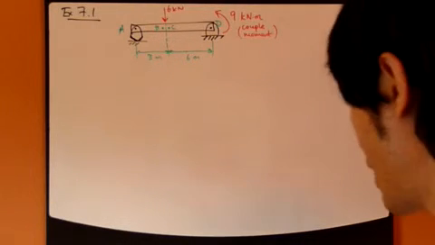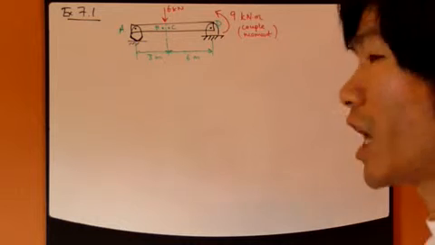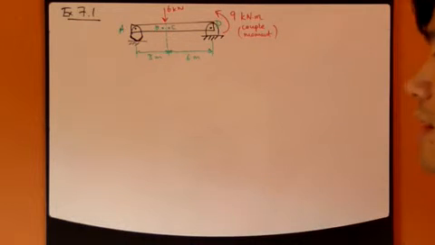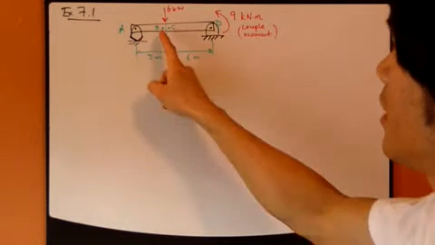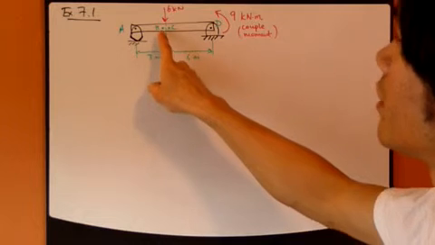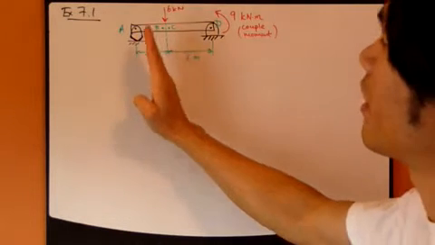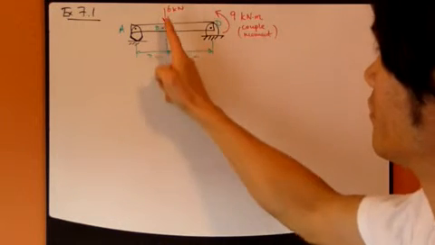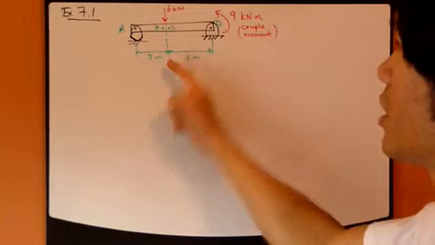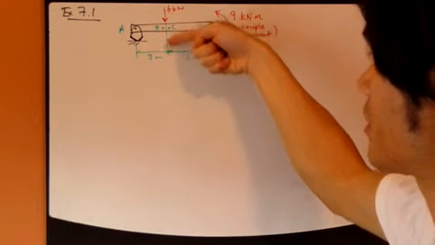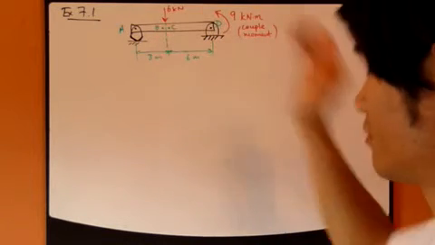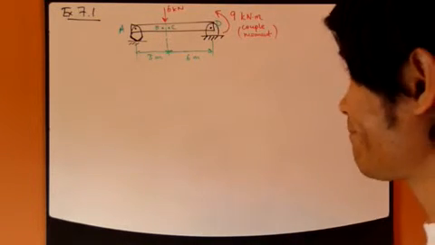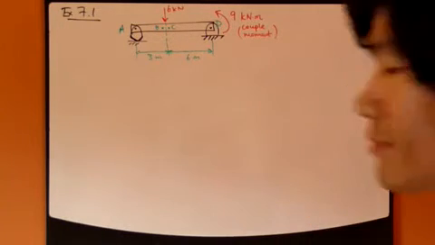You're asked to find the internal forces and moment at B and C, where B is just left of the section where this 6,000 Newton is applied, and C is just to the right of it. Some dimensions are given.